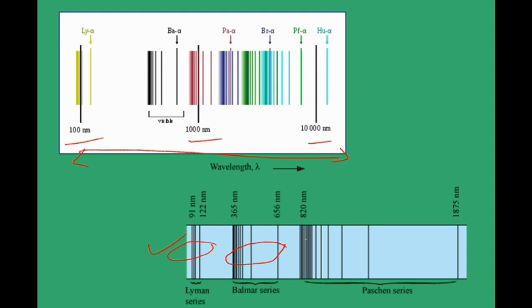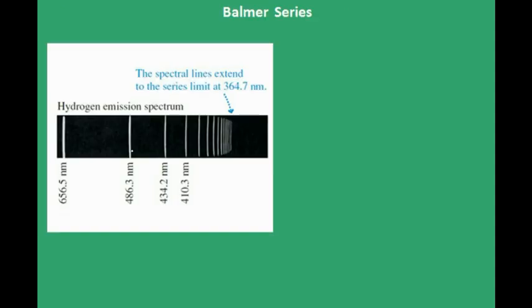Well, one such series, that is Balmer series, was observed first by a scientist. Actually, he was not a scientist, he was a school teacher named Balmer. These are the wavelengths that belong to the visible light region that were observed by Balmer, and these are for hydrogen.